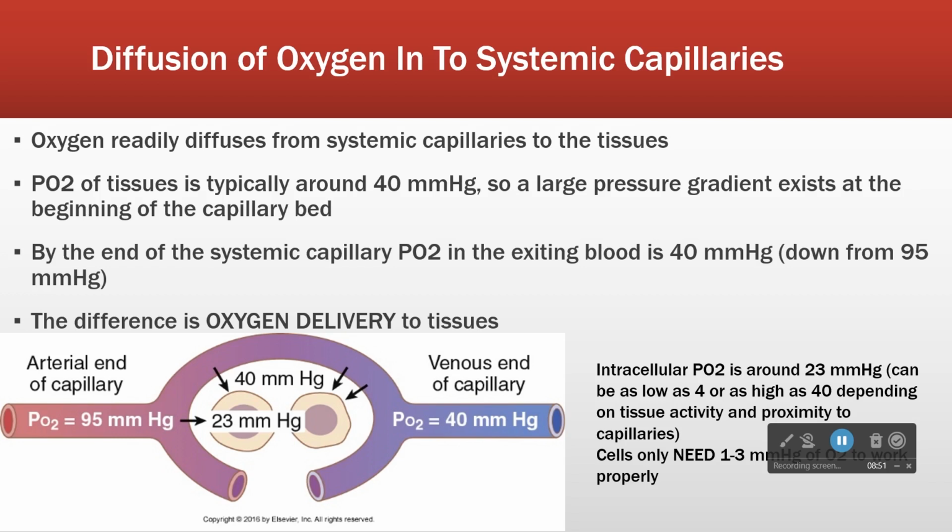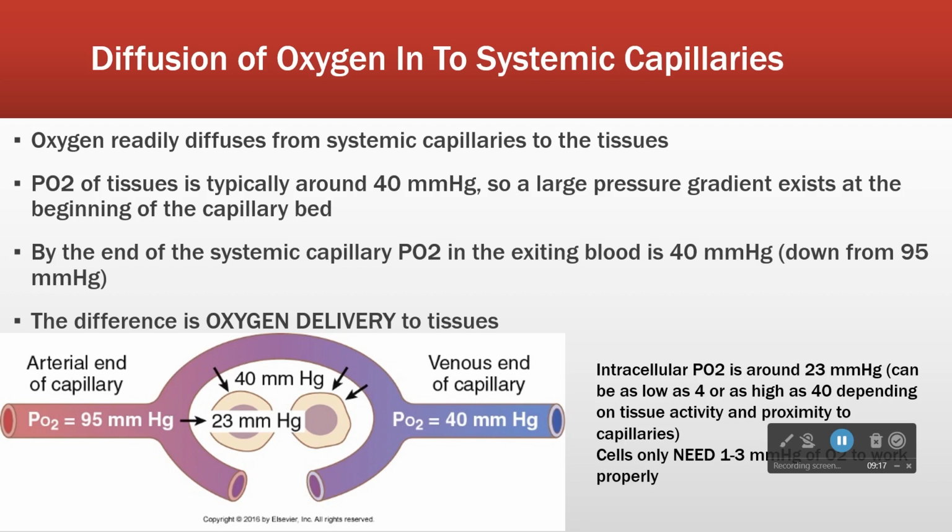Now, interestingly, cells behave just fine even with a PO2 of 1 to 3 millimeters of mercury of oxygen. In other words, once you get the oxygen into the cells, they are very good at using every last drop of it.